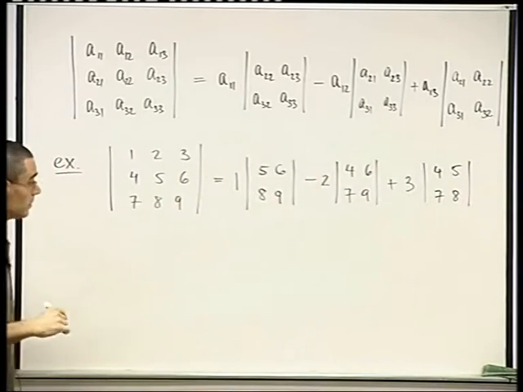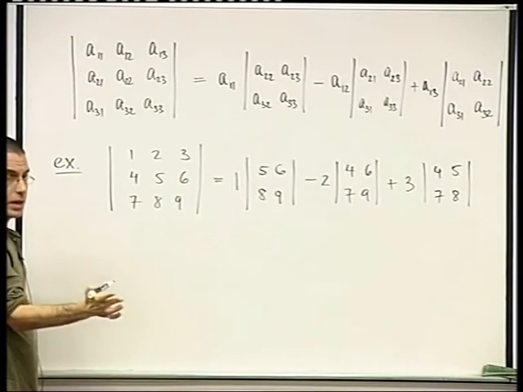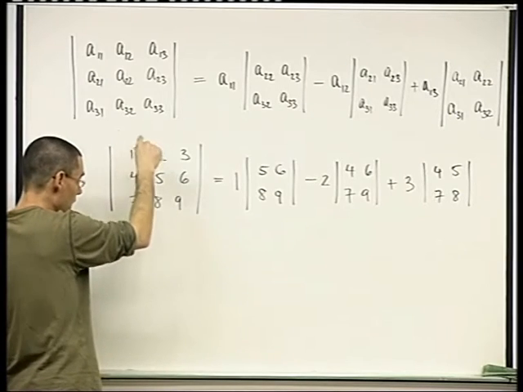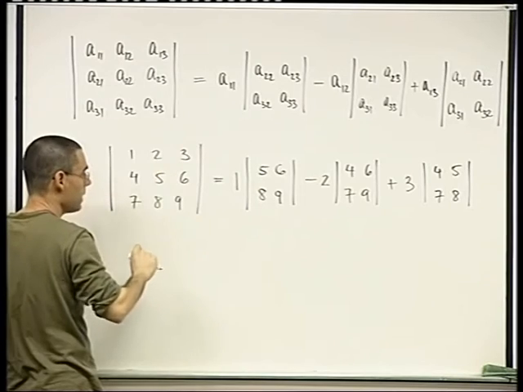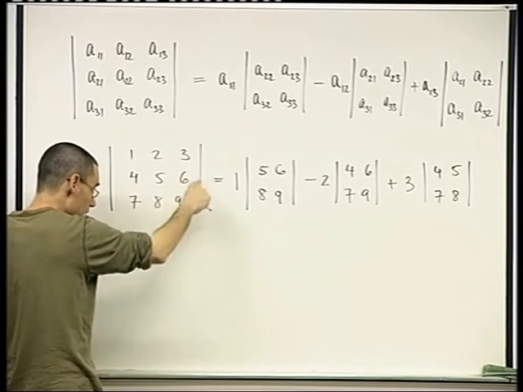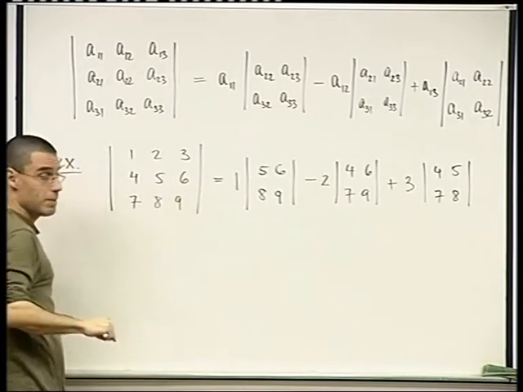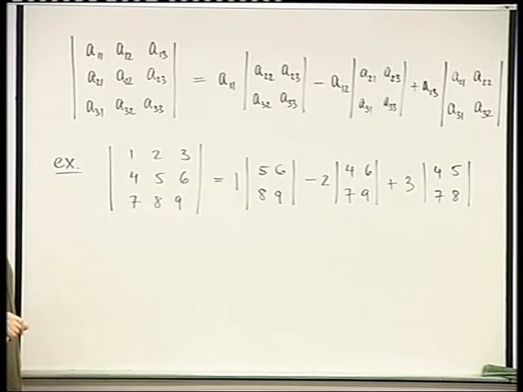Good? Is it clear what just happened? I took the first row, took its elements, each of which I crossed out its row and column and multiplied it by the 2 by 2 determinant that remains after this crossing out business.